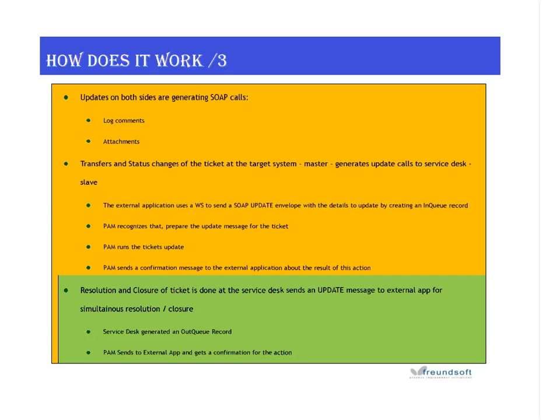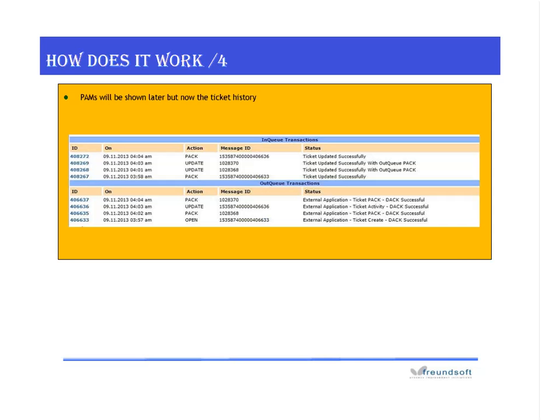The resolution of the ticket on the target system happens at some point, and then we get feedback from the external ticketing system into the original system using PAM and the in-queue, out-queue. These are the transactions that we see on the ticket itself. So we see the in-queue, out-queue.